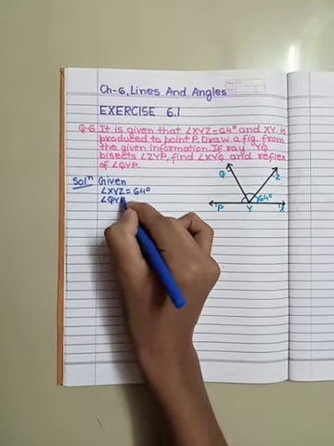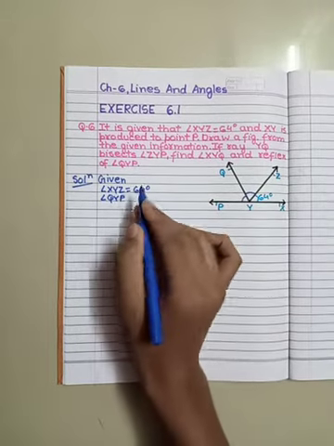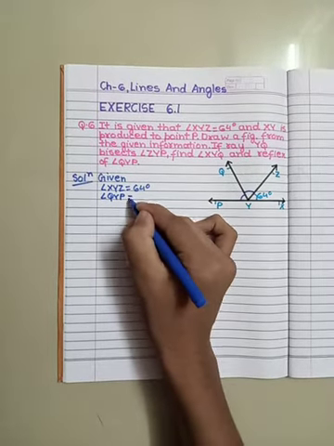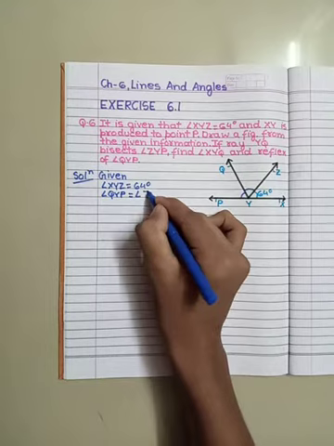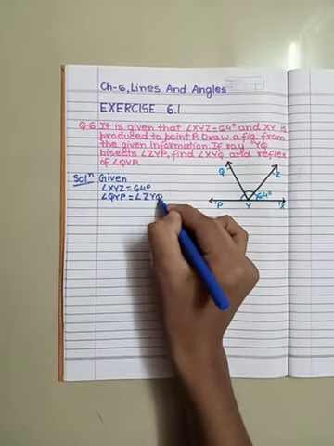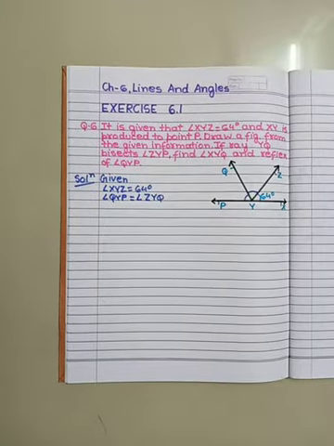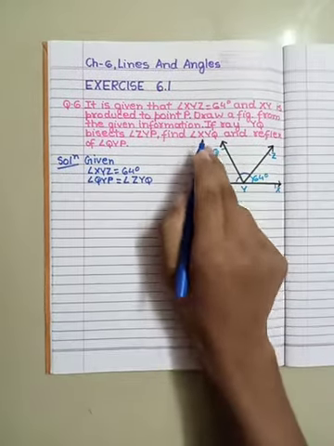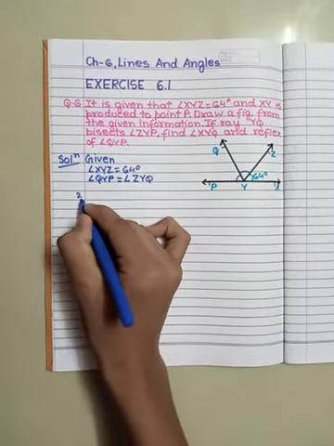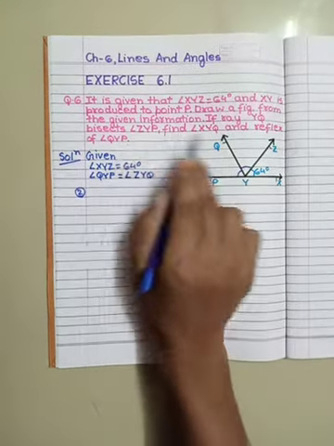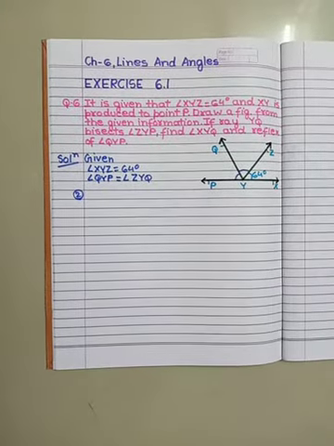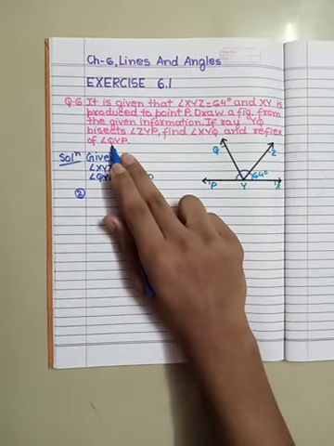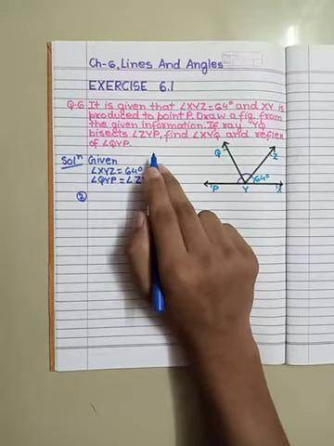It is not given in the question, but we will judge it ourselves. So now first we will find the second part of the question, then we will move on to the first part. So let's do the second part to find reflex of angle QYP. In this, first we will find angle QYP and then find its reflex.